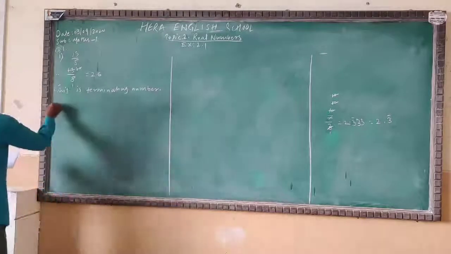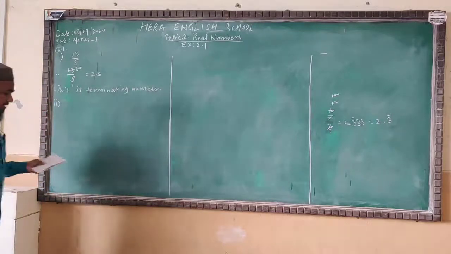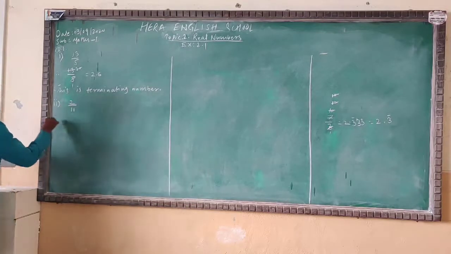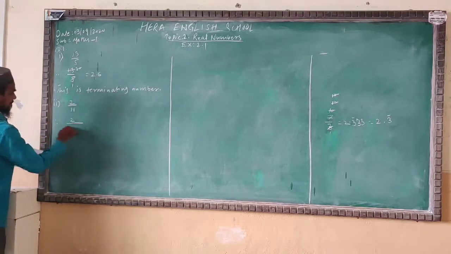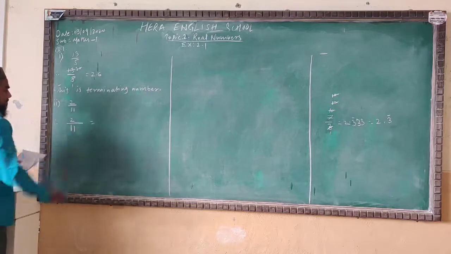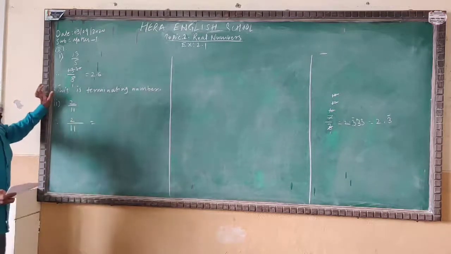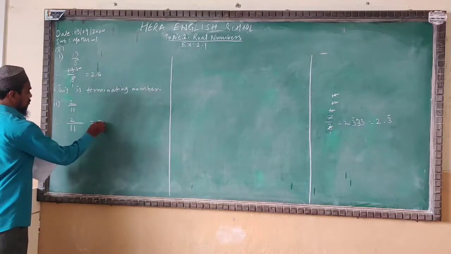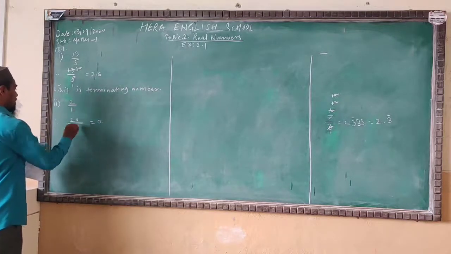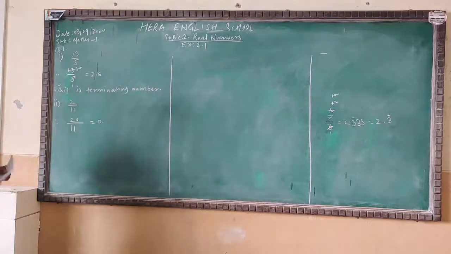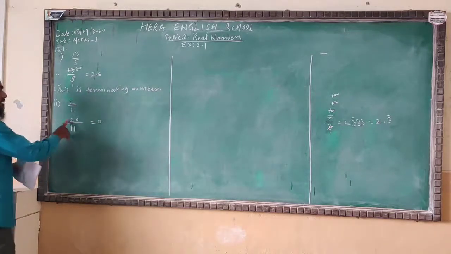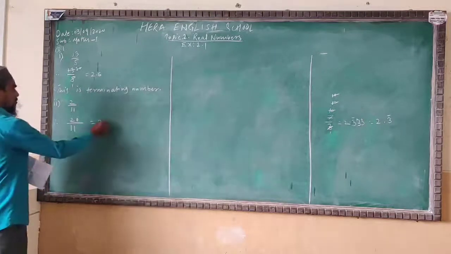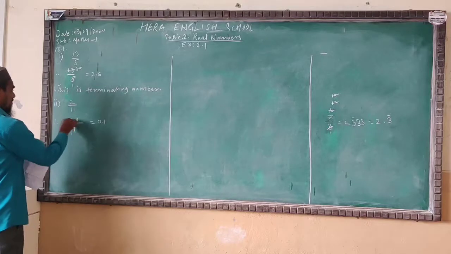Second one, 2 upon 11. Here also we divide 2 by 11. 2 is less than 11, so we make it greater than 11. Take the 0 point in the answer. We will add the 0. You will get 20. 11 1 is 11, 11 2 is 22. 22 is more than 20, so we will take only 1. 11 1 is 11.